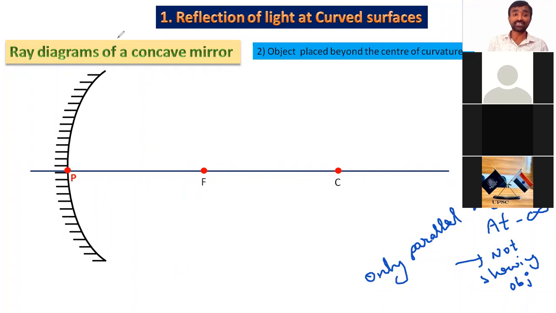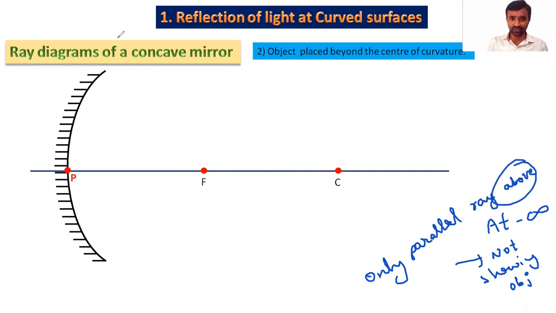Right? Then what is the next position? Can you name it? Where is it? Outside the center of curvature, we can call it beyond. This position is what?